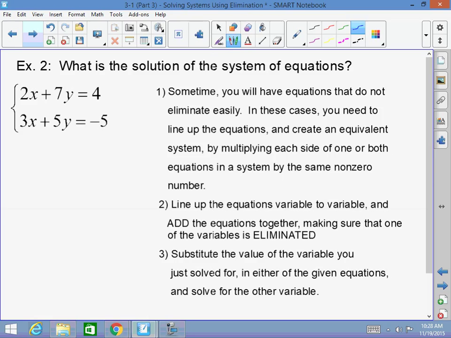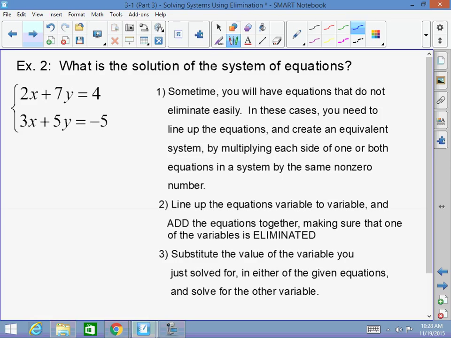Then after that, you line up the equations variable to variable and eliminate the variable of your choice. And then step 3, you substitute that value back in to either of the original equations and solve for the other variable.